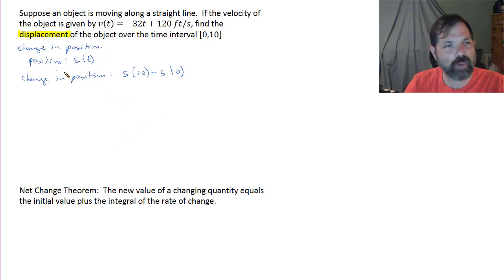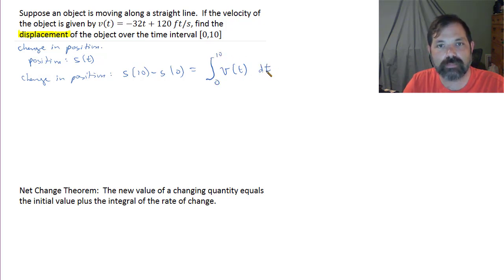Well, now wait a second. How are position and velocity related? Well, if we remember, the velocity was the derivative of the position function. And so it turns out that the position at 10 seconds minus the position at 0 seconds, hey, isn't that the integral of the velocity over 0 to 10 dt? Right? Because how would we go from the velocity to the position function? We would find an antiderivative.